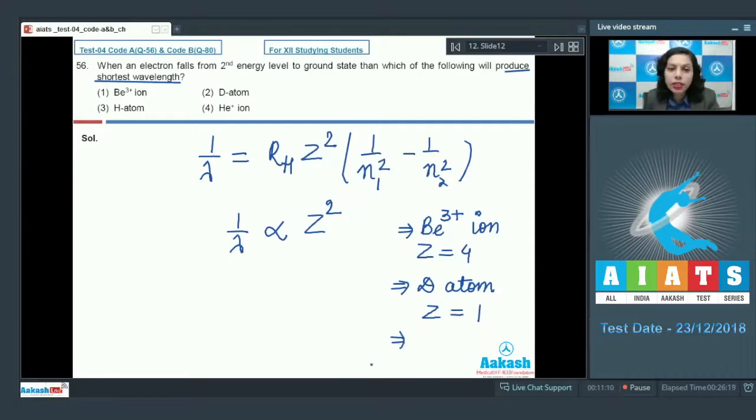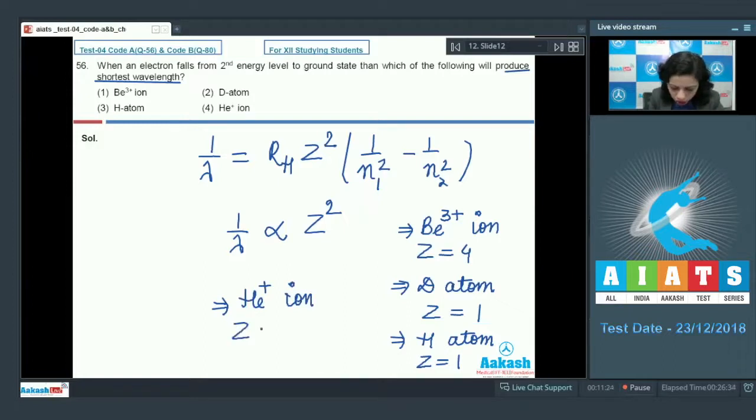Next we have hydrogen atom. For this, the Z value is 1. And the next is He plus ion. For this He plus ion, the value of Z is 2.